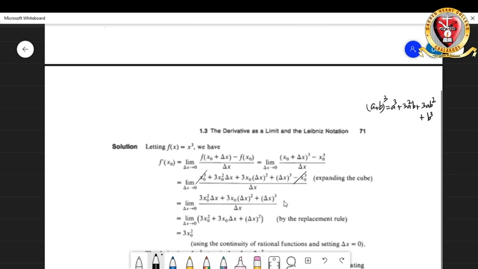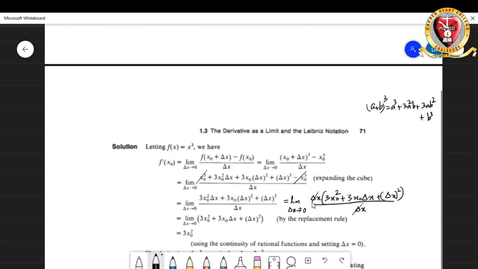How? Here you get limit delta x tends to 0, delta x into 3x naught square plus 3x naught into delta x plus delta x the whole square, the whole divided by delta x.